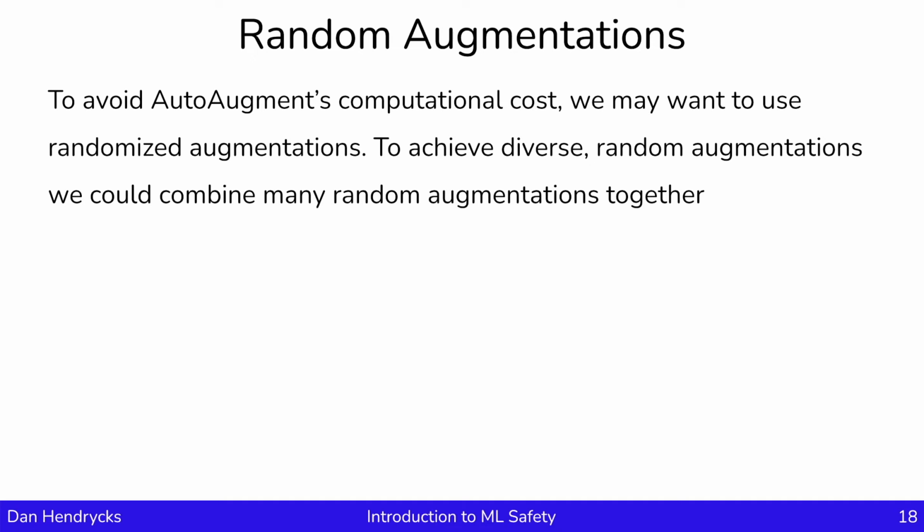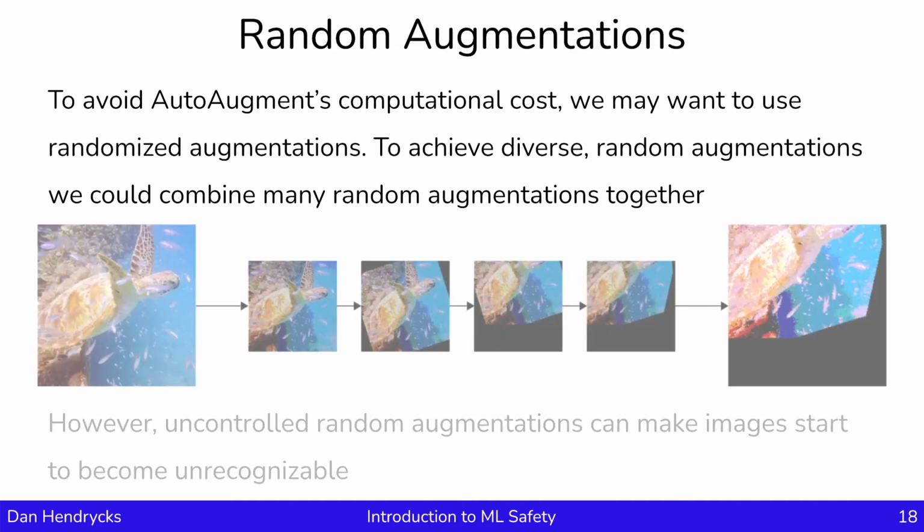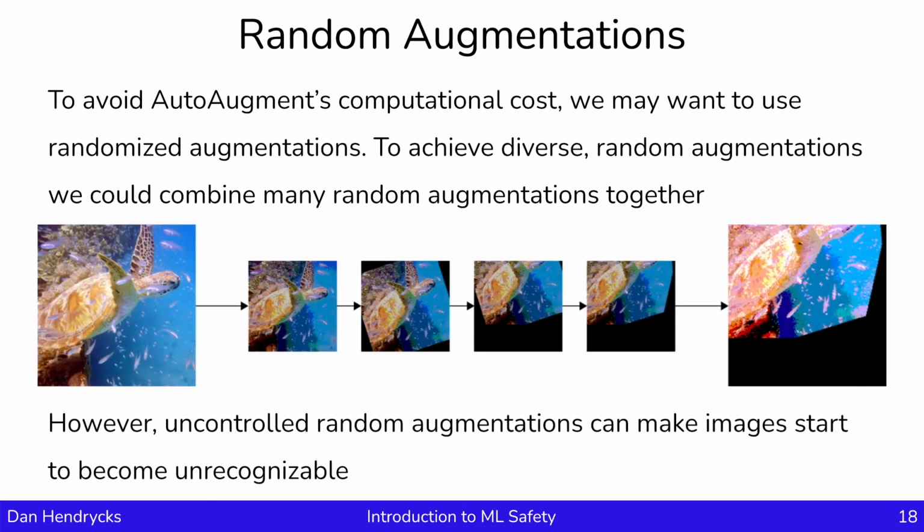But the typical way of creating a randomized augmentation and having a lot of variation would be to stack lots of sources of randomness together. But if we do this, we could have images that end up looking very distorted. So if we keep adding lots of different augmentation operations on top of each other, the resulting image is almost unrecognizable. So uncontrolled random augmentations is not a good idea.